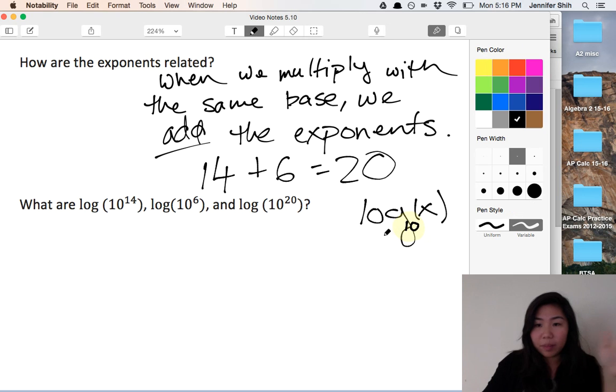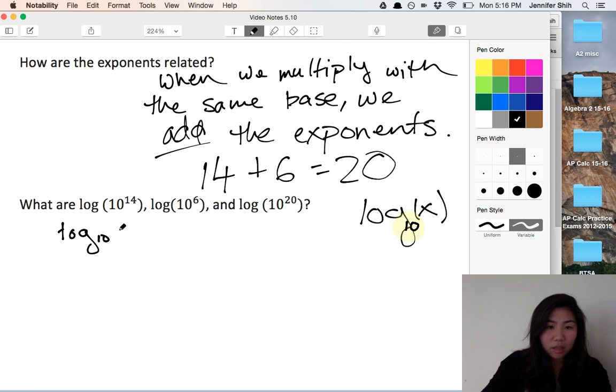So it says, what is the log base 10 of x? So log of 10 to the 14th, we'd say 10 to what power is equal to 10 to the 14th. This is what we practiced yesterday.